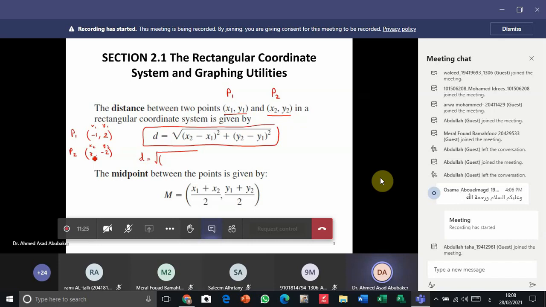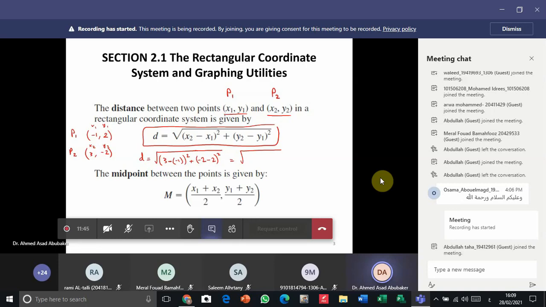So we have x2, 3 minus negative 1, all squared, plus y2 minus y1, all squared.